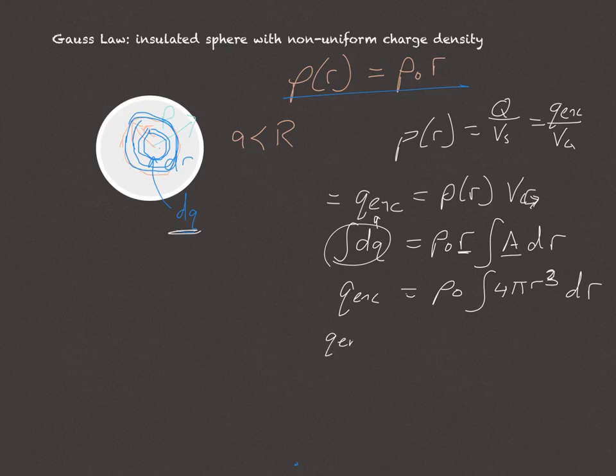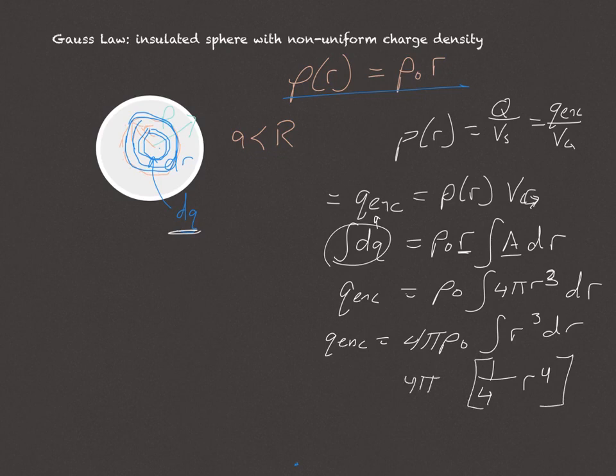I can take out the other constants, and then I just have the integral of r to the third dr, which gives me 1/4 r to the fourth. And again, I'm summing all of those shells out to a distance a. So this is 0 to a.